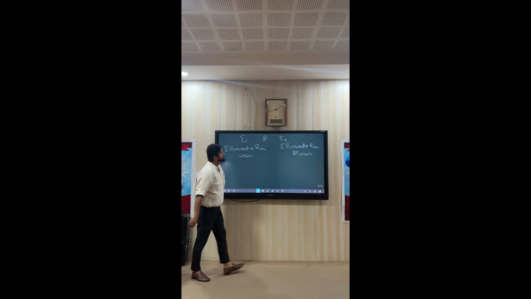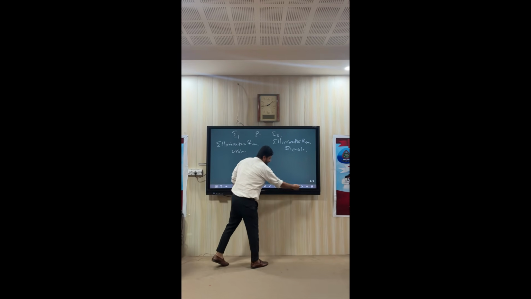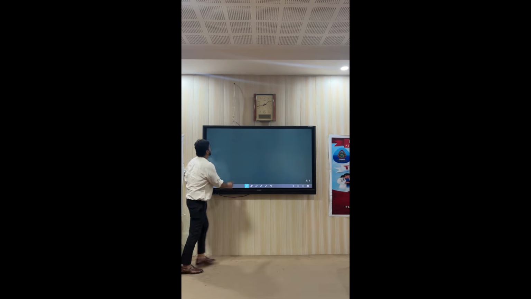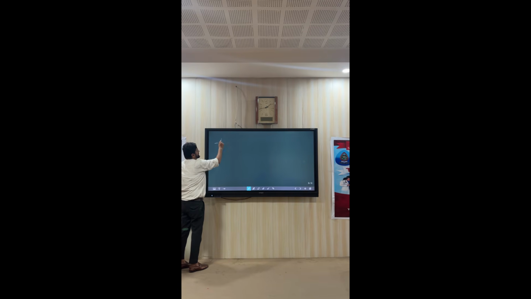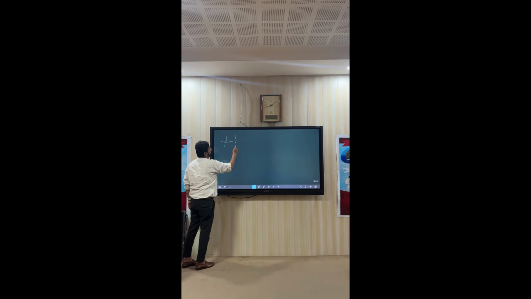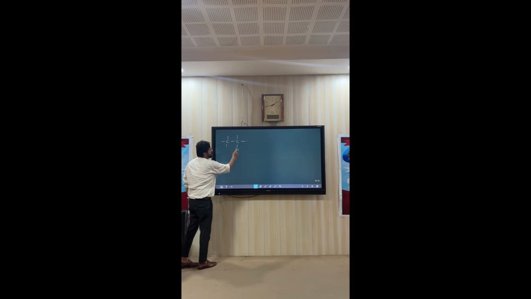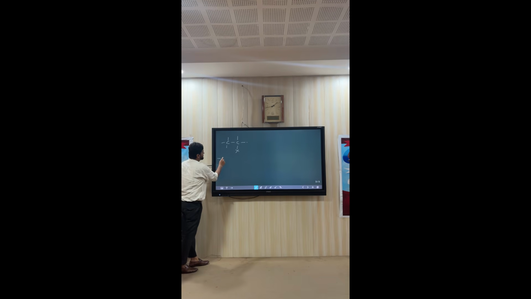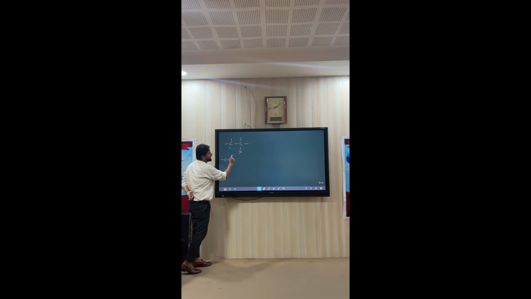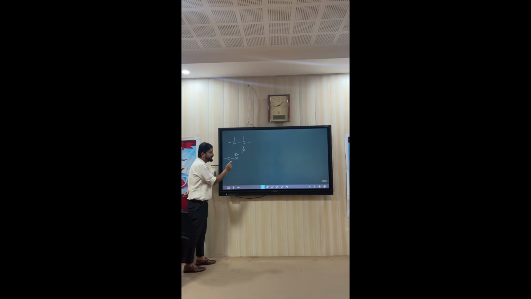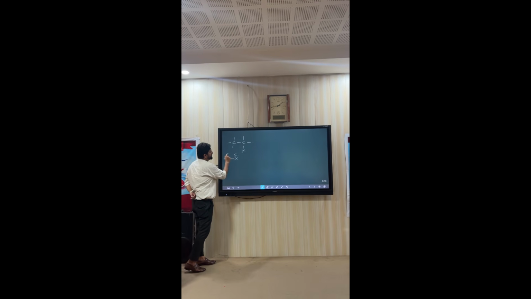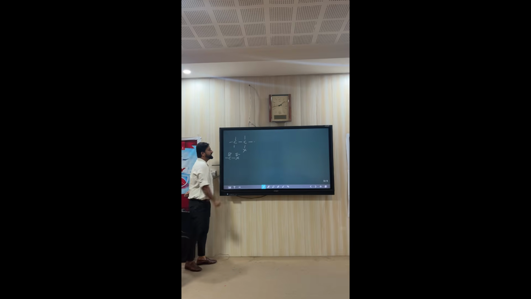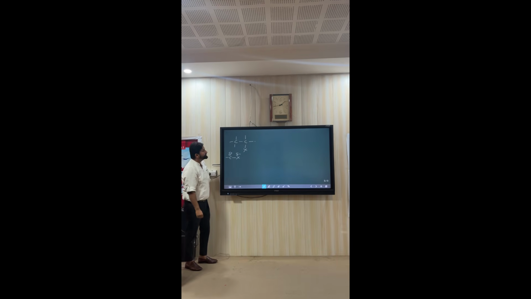First we will take an example of the E1 mechanism. It is a unimolecular mechanism. The alkyl halide has a bond between carbon and halogen. We know that halogen is more electronegative and attracts electrons towards itself, so it takes a partial negative charge, while carbon gets a partial positive charge.